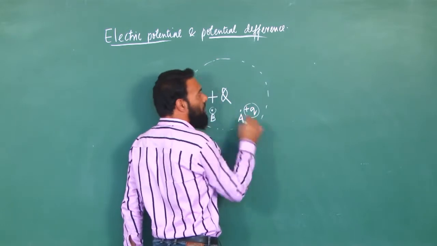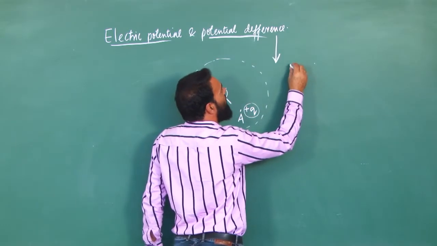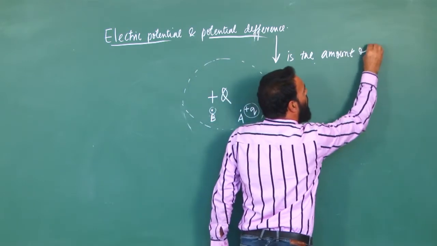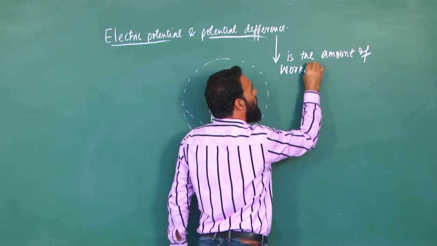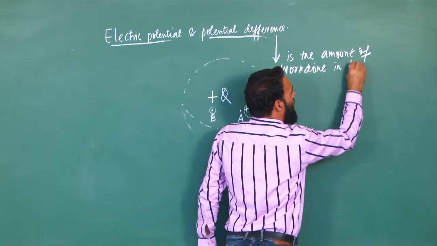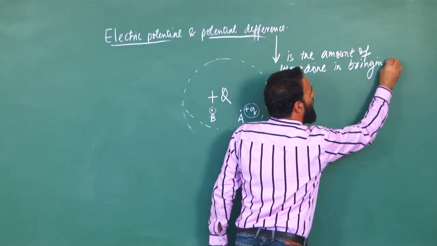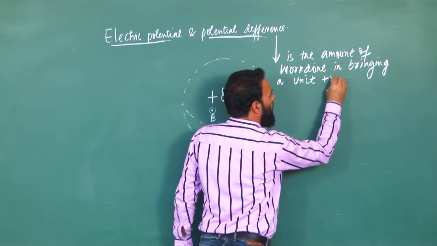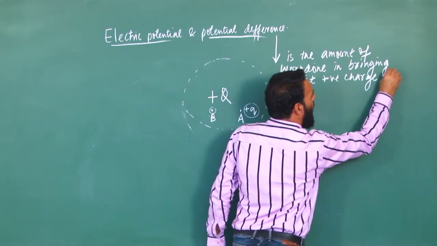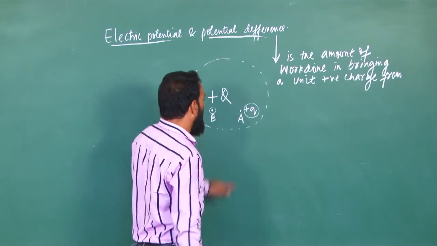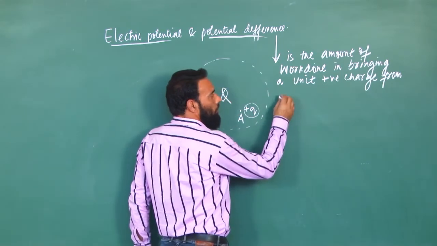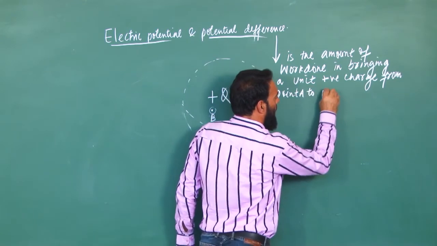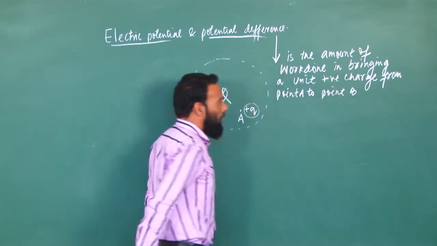Electric potential difference is the amount of work done in bringing a unit positive charge from point A to point B within the field.